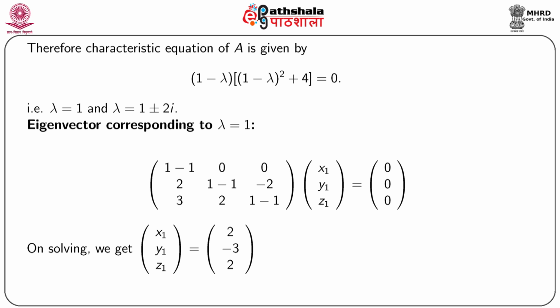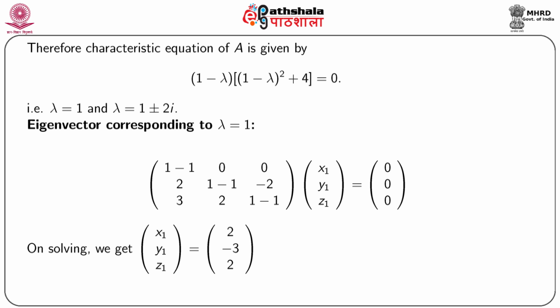If you substitute lambda equal to 1 in that equation, you will get [1 minus 1, 0, 0; 2, 1 minus 1, minus 2; 3, 2, 1 minus 1] times the eigenvector with components x1, y1, z1 equal to the null matrix [0; 0; 0].